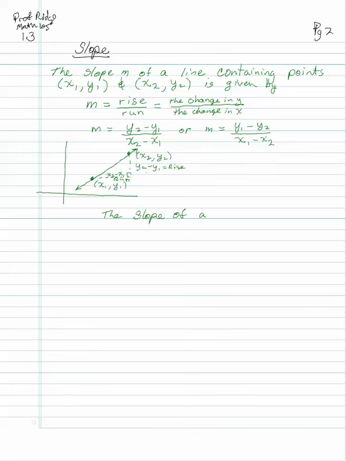If you recall from slope-intercept form of a line, the slope of a line given by, now we're using function notation in this chapter, f of x equals mx plus b. So just like in slope-intercept form, the m is the slope. m equals the slope of the line.